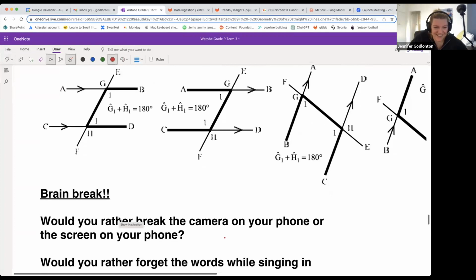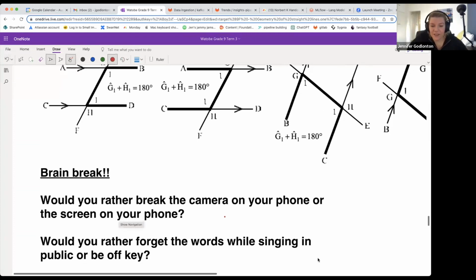Okay, let's go on to our next one. Would you rather forget the words while singing in public or be off key when you're singing? Which one would you prefer? Wade, what is your answer here? I think I'd rather be off key than not sing.